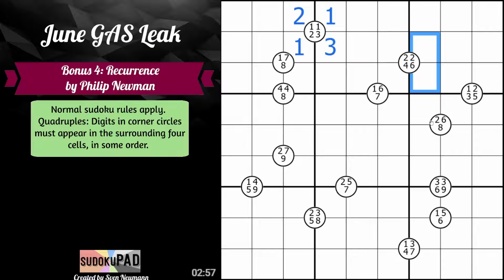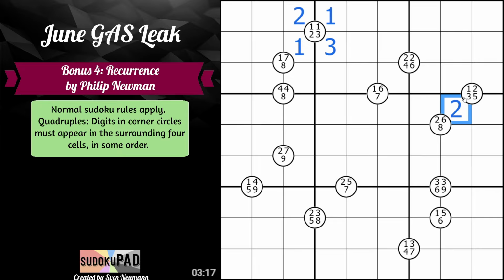And that starts to restrict a lot of stuff because 2, if it has to appear in one of these 4 cells, can't appear in these 2 cells. And it somehow needs to appear in one of these 2 cells as well as one of these 4 cells here. And the only way for that to happen simultaneously is if 2 is there.